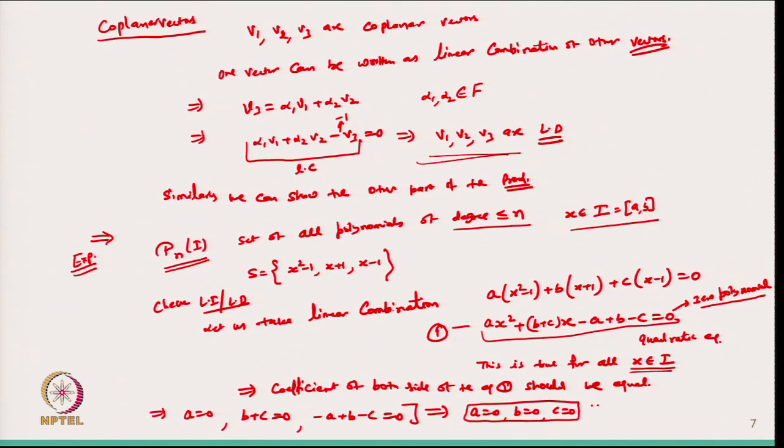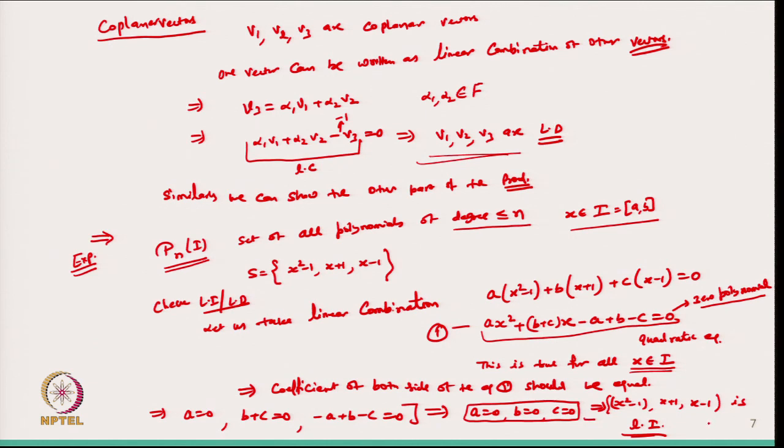From here we can say that the set x square minus 1, x plus 1 and x minus 1 is a set of vectors that is linearly independent. It means that these polynomials, the quadratics I am taking here, are linearly independent of each other, by solving this, and these are the values of the scalars.